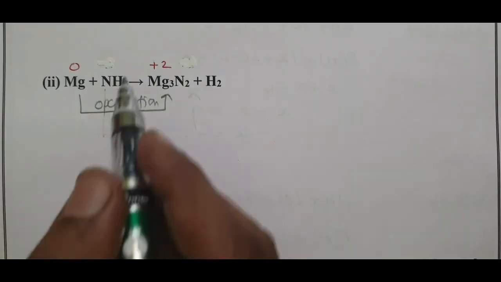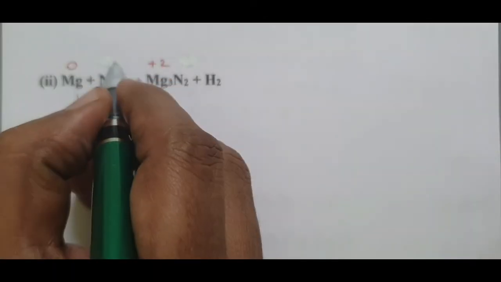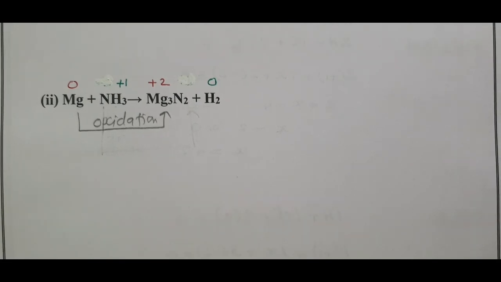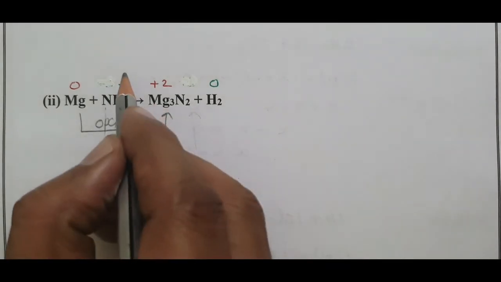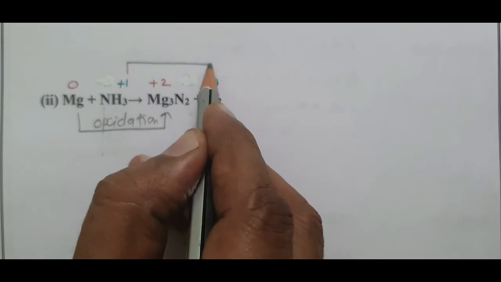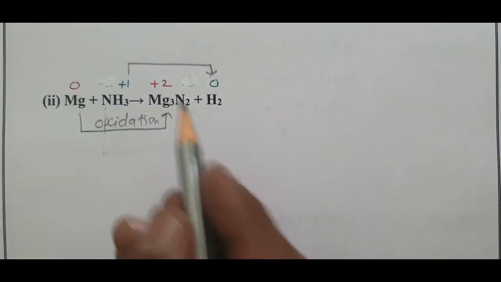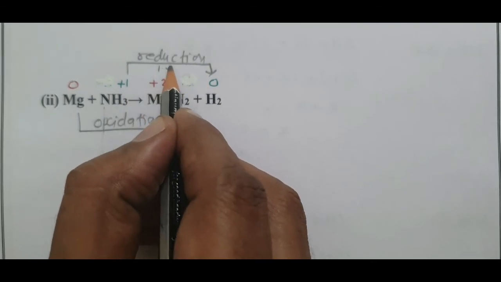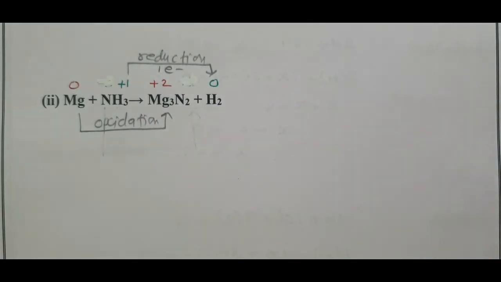In ammonia, hydrogen oxidation state is +1, and in the homogeneous diatomic molecule the oxidation state is 0. When you move from left to right, hydrogen oxidation state decreases from +1 to 0. If the oxidation number decreases, it is called reduction. How many electrons are involved here? 1 electron is involved here.